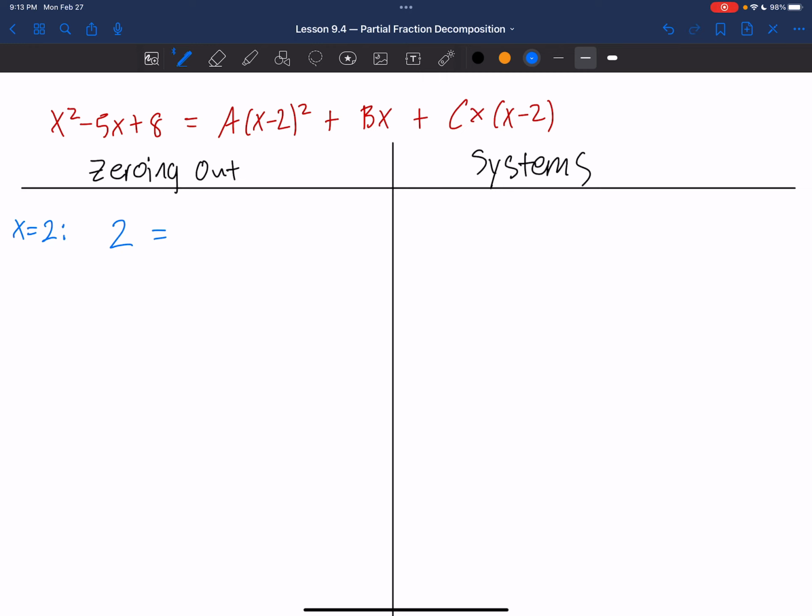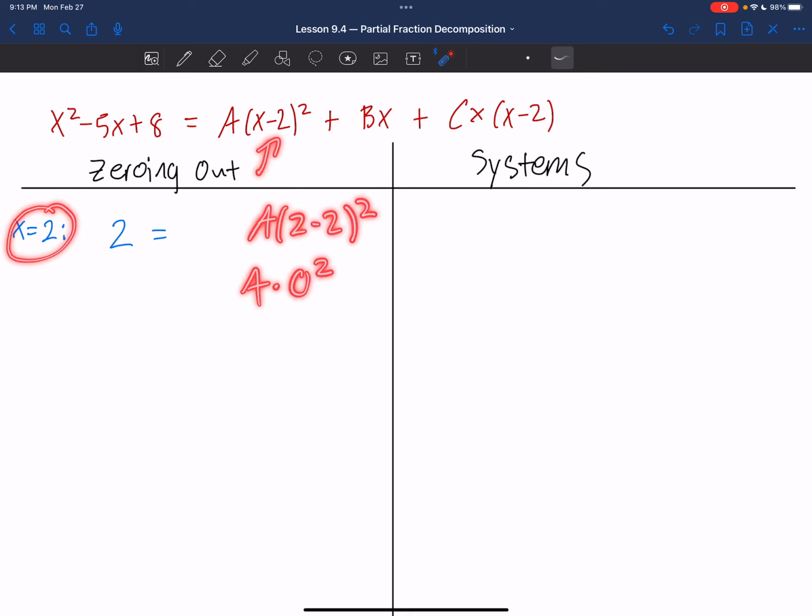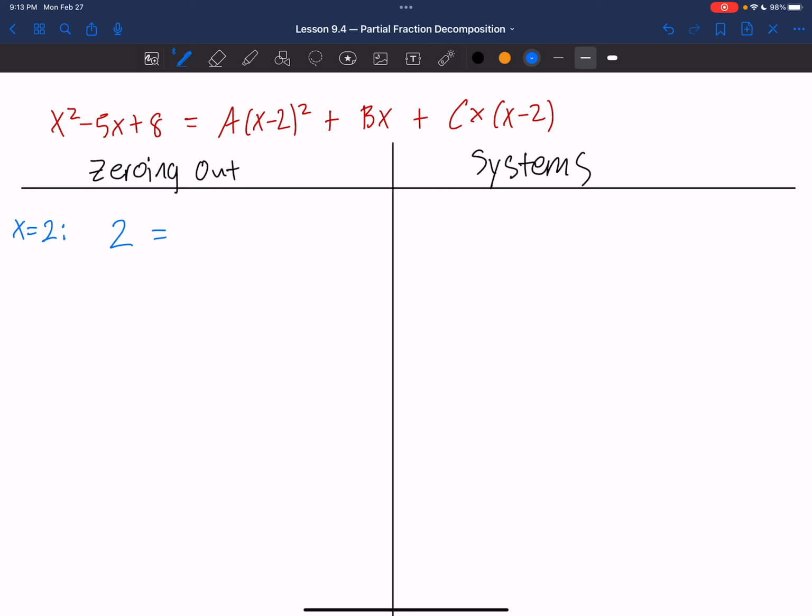Now plug in 2 to this factor here. A times 2 minus 2 squared, that's a times 0 squared. That's gone, that's 0. We don't need that. Plus, now bx, b times 2, so it's b times 2 for x.